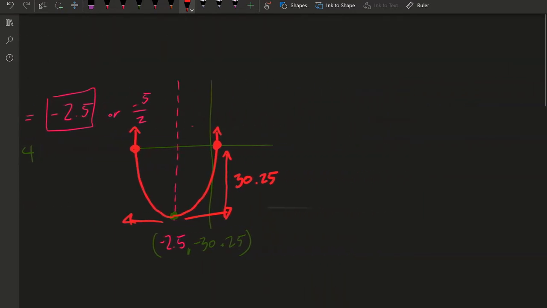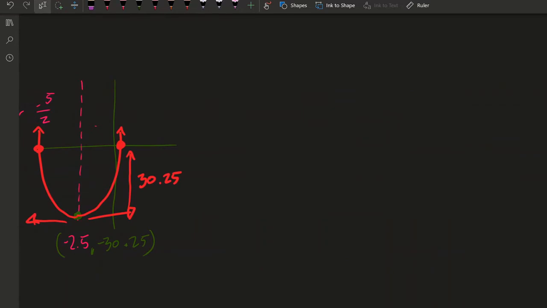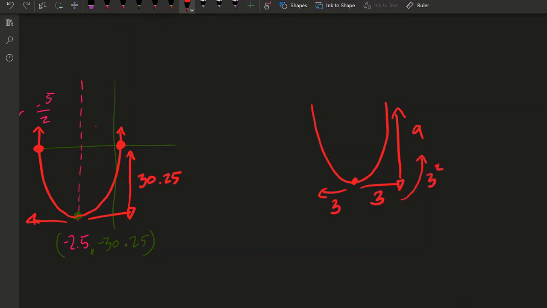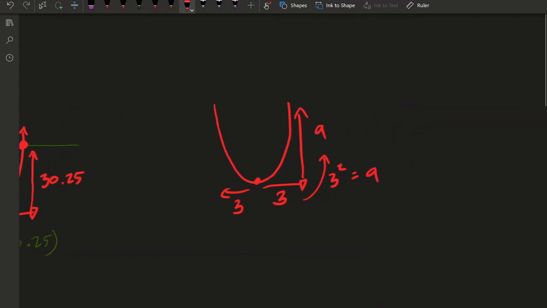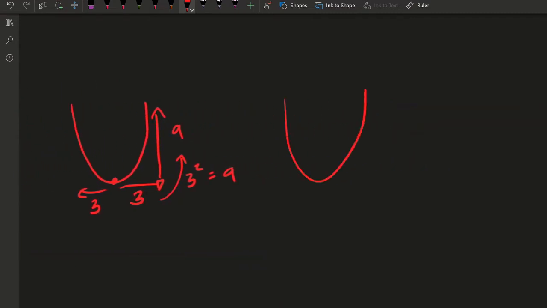Now, in order for us to figure this out, let's consider an easier one. When I needed to go up 9, you knew that I had to go to the left and to the right 3, because 3 squared is 9. By the same logic, if I had to go up 25, I would know that I had to go right and left 5, because 5 squared equals 25.